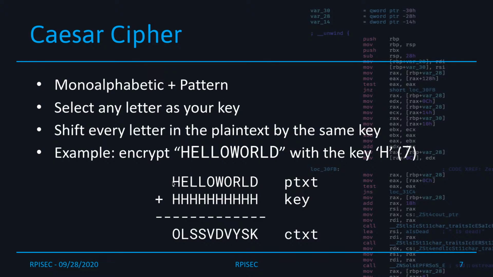So in this case, we have the string hello world, we apply H as a key to it, and we get out this ciphertext. Now if you want to decrypt a Caesar cipher, you do the same thing in reverse. So that would mean subtracting 7 from the ciphertext. So if we subtracted all H's from the ciphertext, we would get the plaintext hello world.